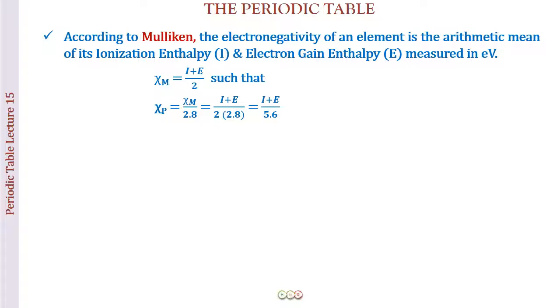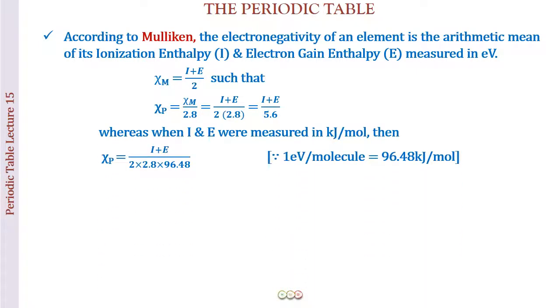This is when we are taking the values in electron volts, but when we want to take it in kilojoules per mole, we convert 1 electron volt per molecule into 96.48 kilojoule per mole. So we multiplied the denominator by 96.48 and we get chi P to be (I plus E) divided by 540 kilojoules per mole, or if we want it in kilocalories, it is (I plus E) divided by 130 kilocalories per mole.